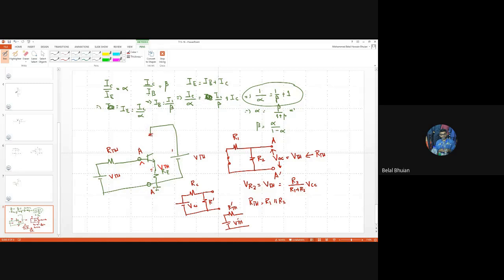And you see the rest of the circuit will be connected as it was. The collector terminal was connected from here before, so similarly our collector terminal will be connected here.